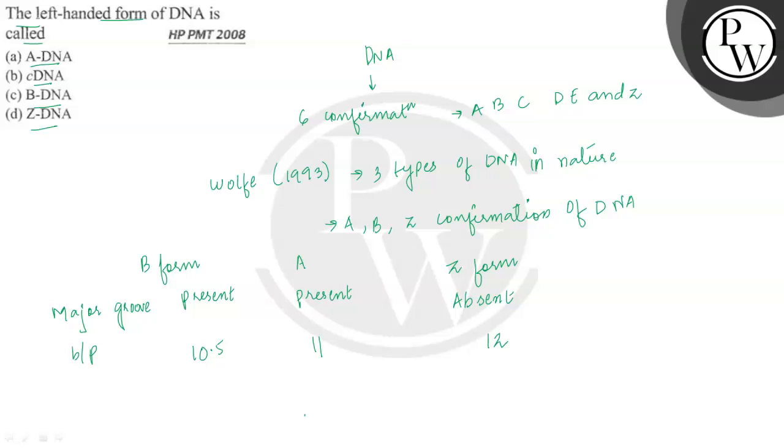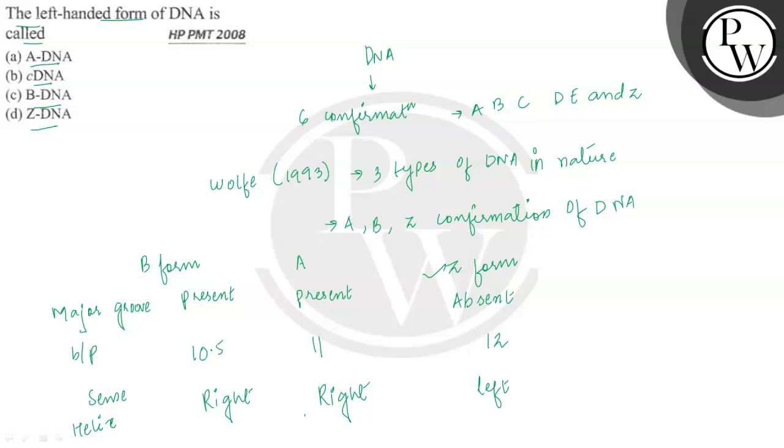However, the major difference is the helical sense of helix. In case of B, it is the right-handed. A is again right-handed, whereas the Z is the left.